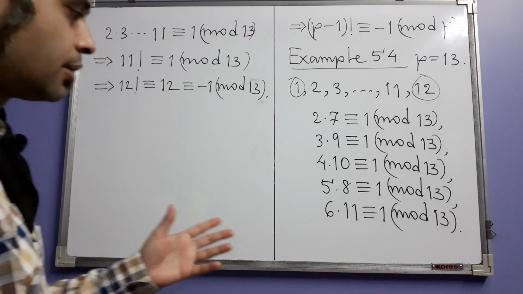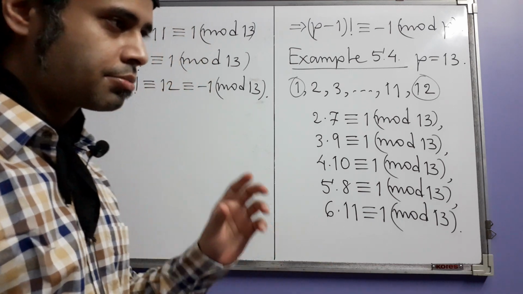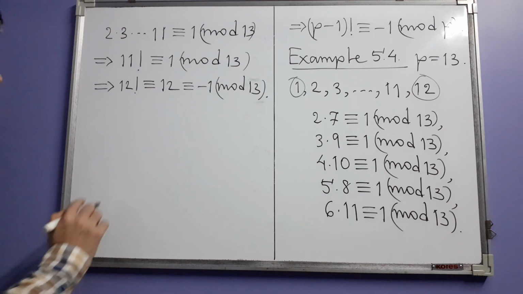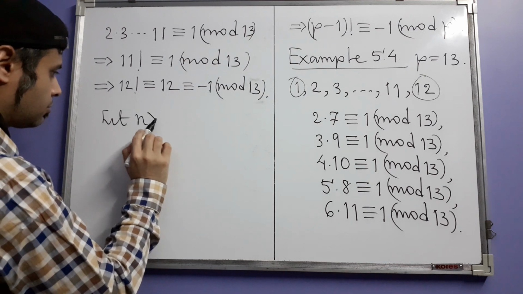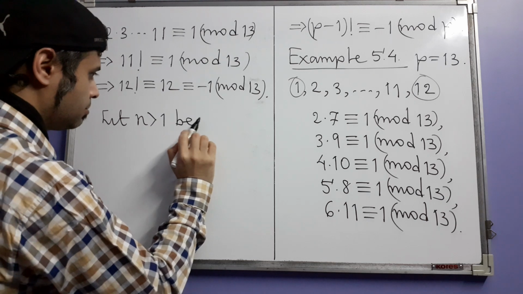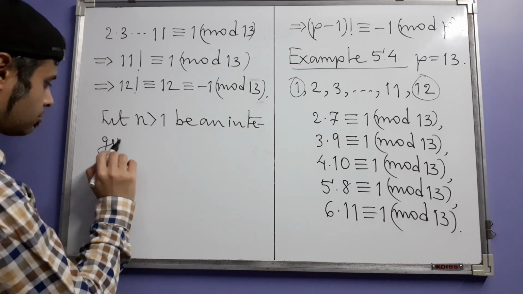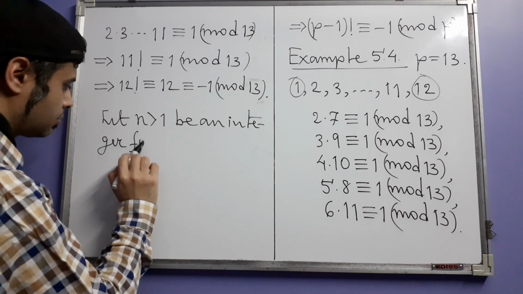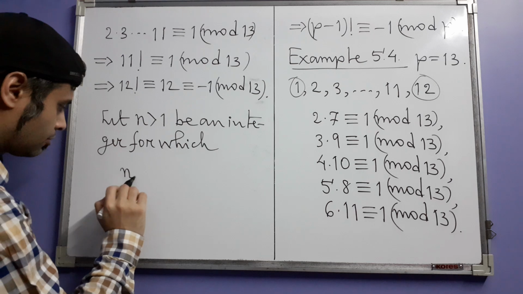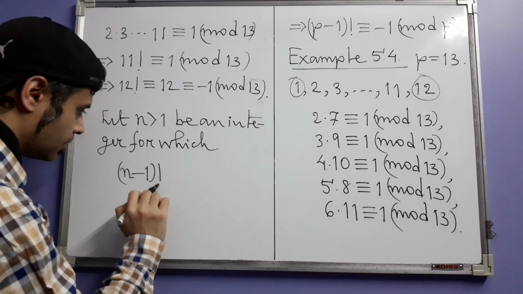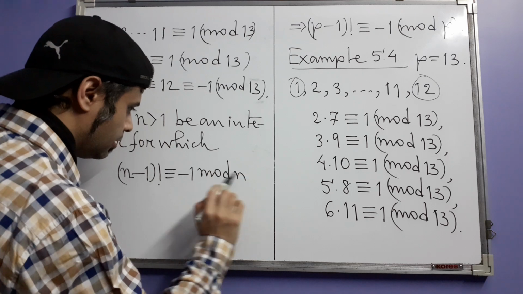Now, as Lagrange observed, the converse to Wilson's theorem is also true, and the proof is very small in fact. Let n greater than 1 be an integer for which n minus 1 factorial is congruent to minus 1 mod n.